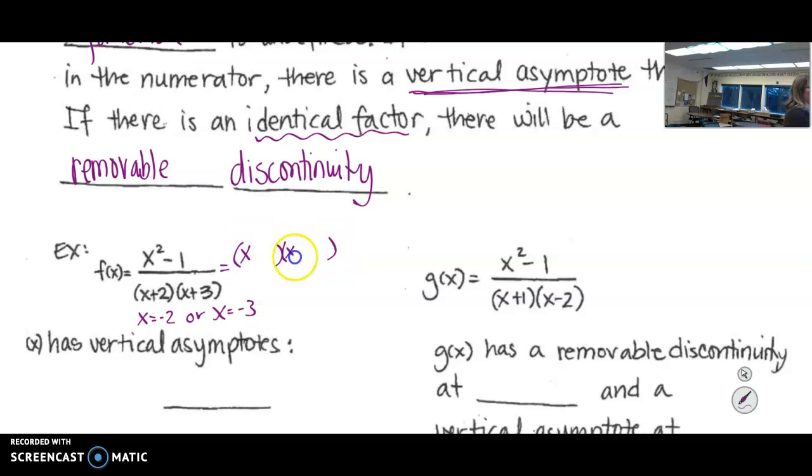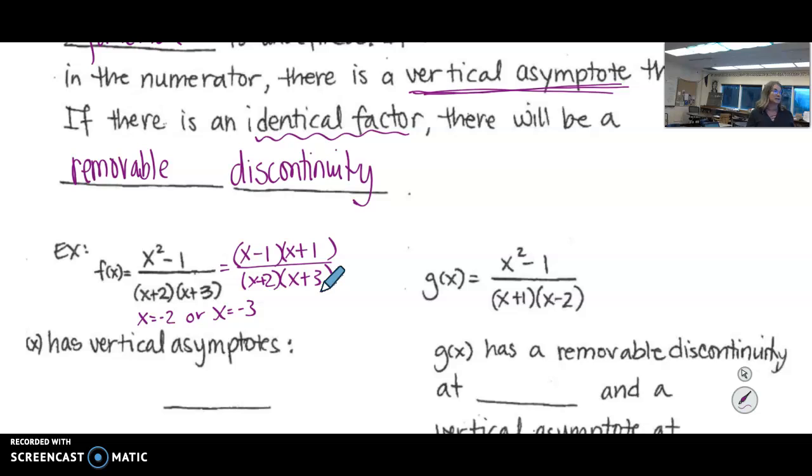In the numerator, it's a difference of squares. We'll factor into x plus 1 over x minus 1 times x plus 1. And if you look at this written out, there are no matching factors in the numerator as there are with the factors in the denominator.